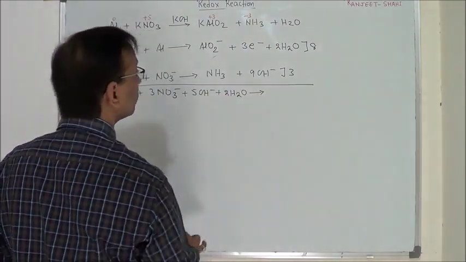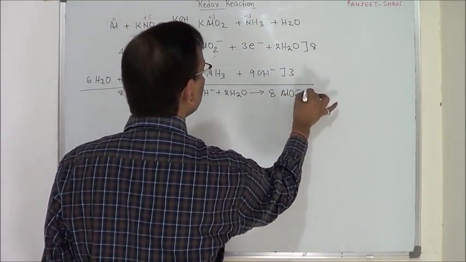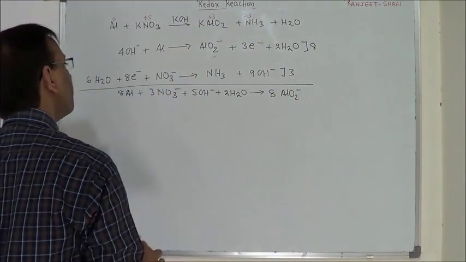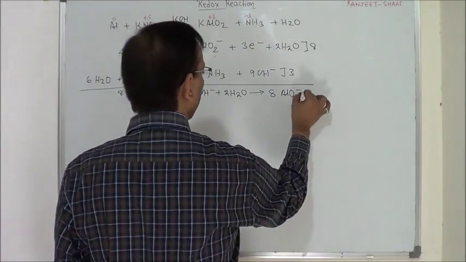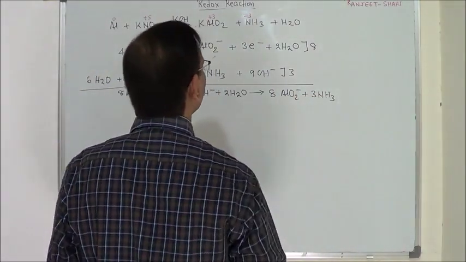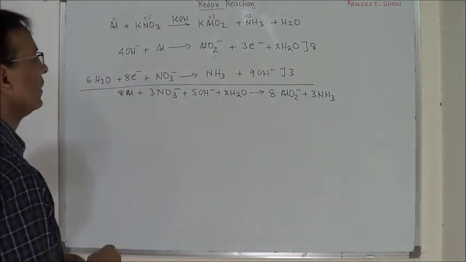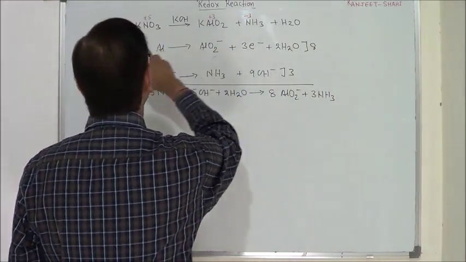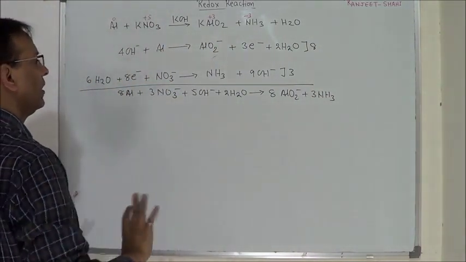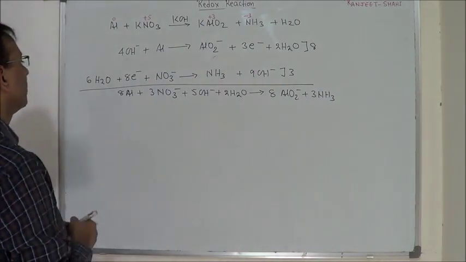On the right side, 8 AlO2 minus plus 3 ammonia. That's all. 3 into 9, 27, 8 into 4, 32. So 5 OH is on the left side. Now compare the coefficients.